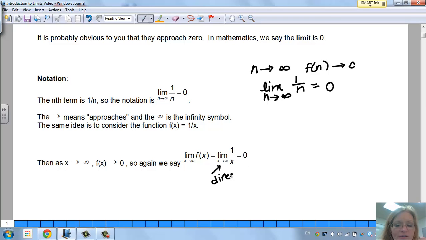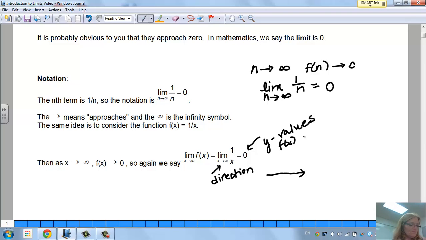Our x's are approaching infinity, so we're going in this direction. As we go to the right and our numbers get bigger and bigger, my y values, or your f of x values, are approaching 0.